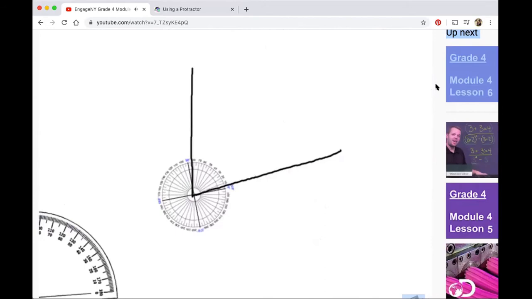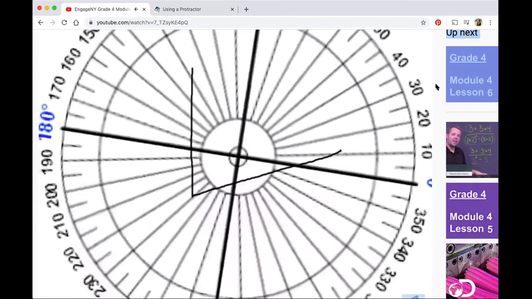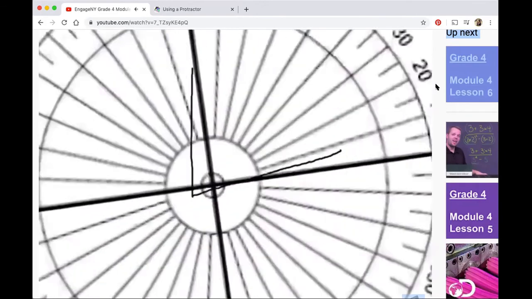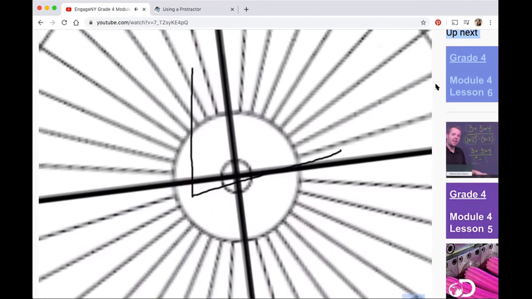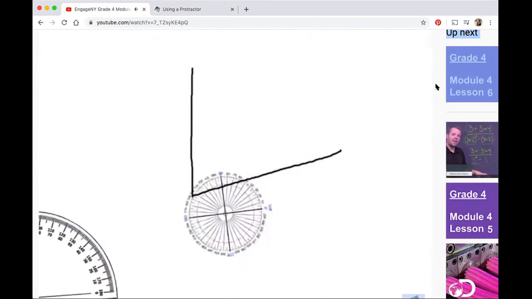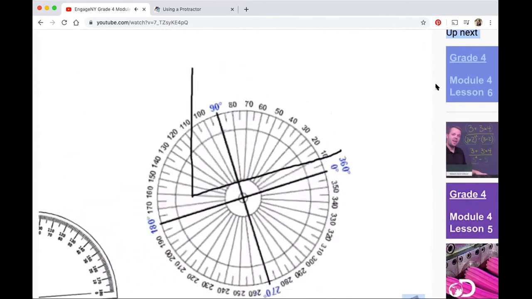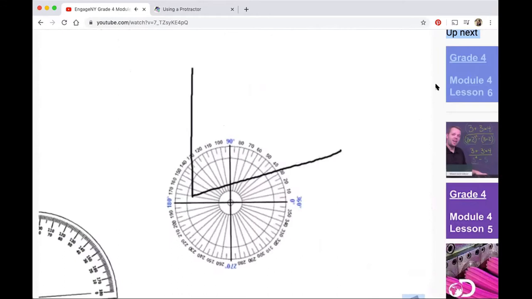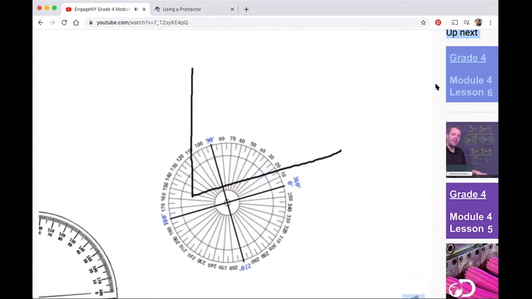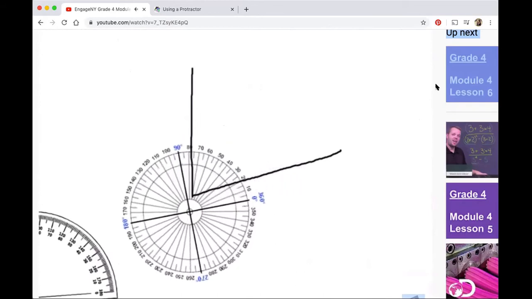But here's the neat thing: unlike a ruler, if you stretch out a ruler, all of a sudden you're no longer measuring inches, or if you shrink down a ruler, you're no longer measuring inches. The neat thing about a protractor is no matter how big or small your protractor is, you're still going to measure the correct angle. So here's the idea.